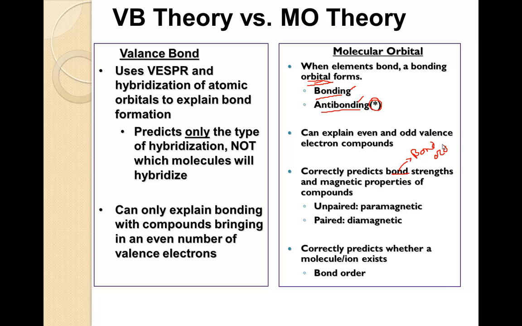If it's paramagnetic, it has unpaired electrons in those orbitals. Diamagnetic means that all the orbitals are paired up. And it correctly predicts whether the molecular ion exists, referring once again back to that bond order. And I hope that gives you an overview of the molecular orbital theory.